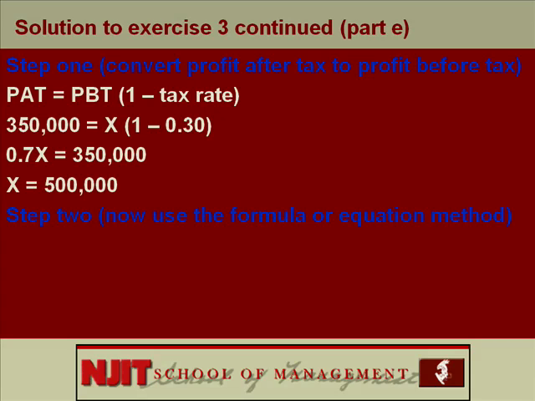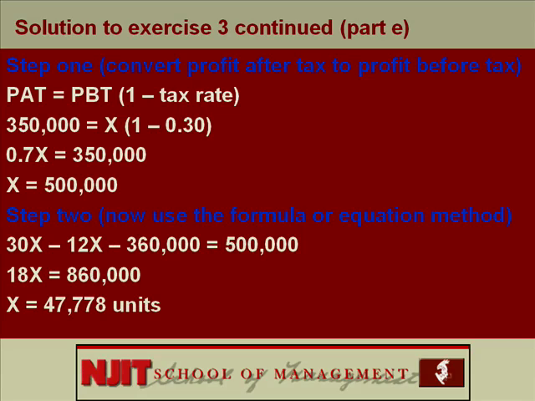So let's go to step 2 and let me use the equation method. Sales minus variable cost minus fixed cost is profit. So 30x minus 12x minus 360 equals, the profit before tax is 500,000. So 18x is 860. So x is around 47,778 units.